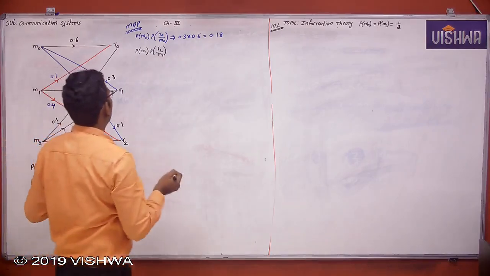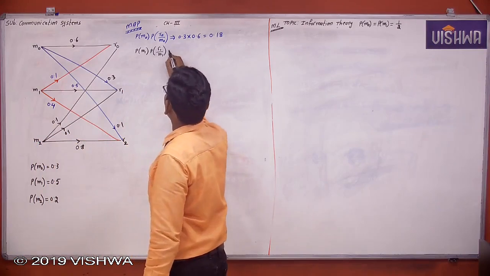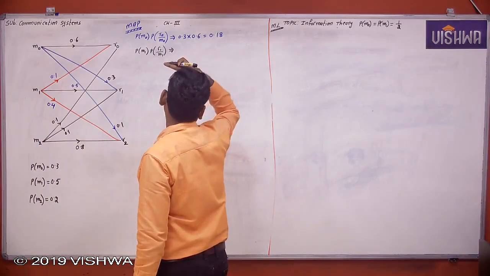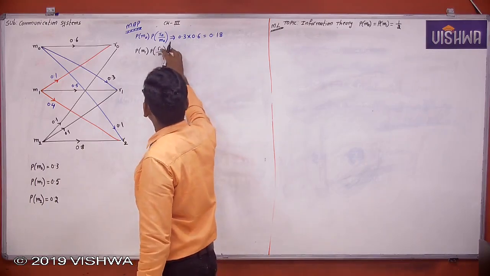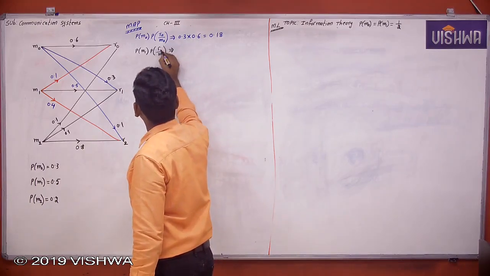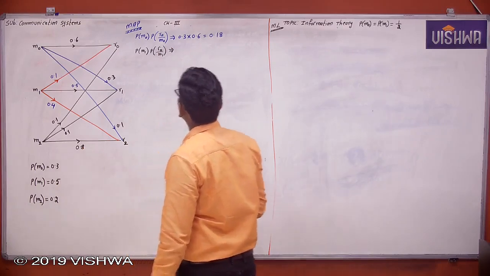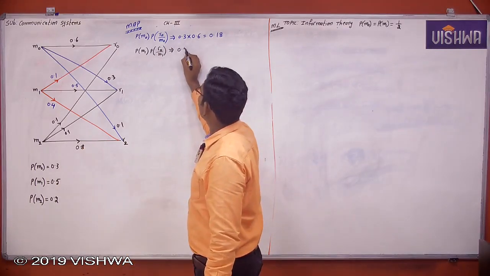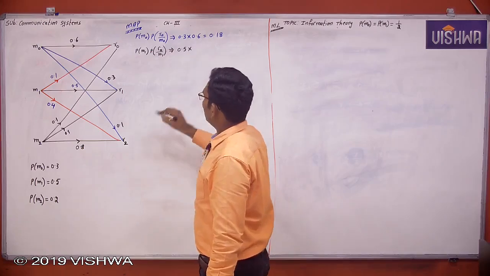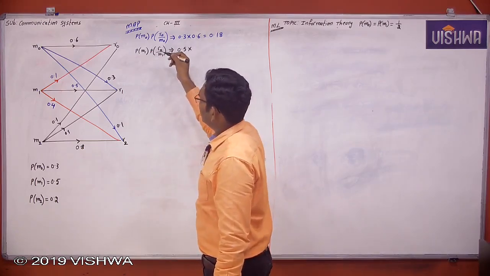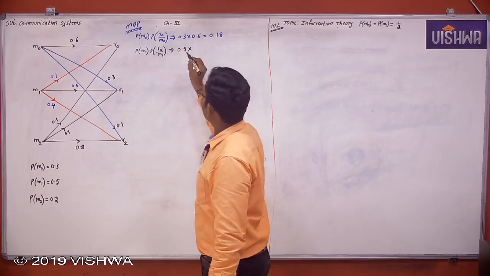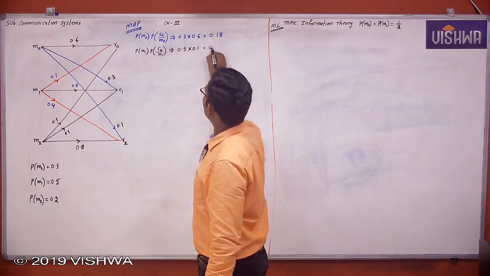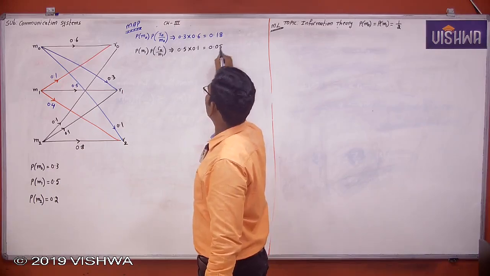P of M1 is 0.5, and R0 by M1 is 0.1, which is equal to 0.05.